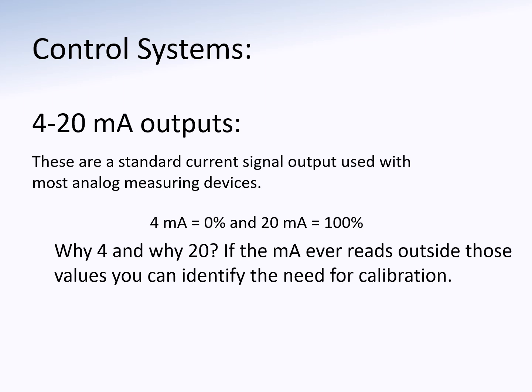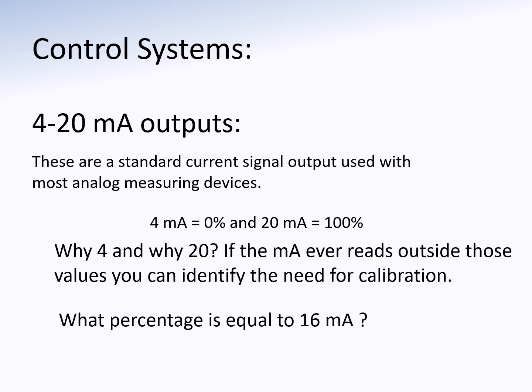If you didn't calibrate that, you would see a 4, which would represent 0%. However, that regulator may not be fully closed. And vice versa, if it's showing you 100%, but really it's not actually reaching that value, that would be another reason that you'd need to perform calibration. That's the methodology behind using 4 to 20 milliamp.